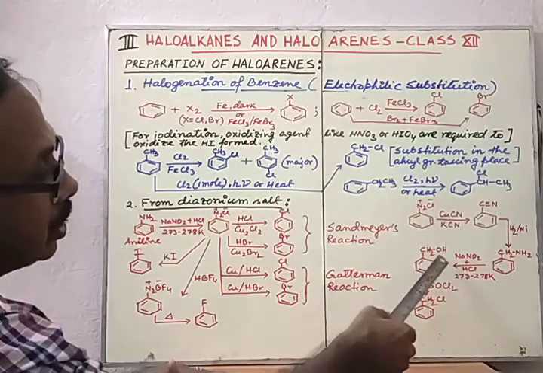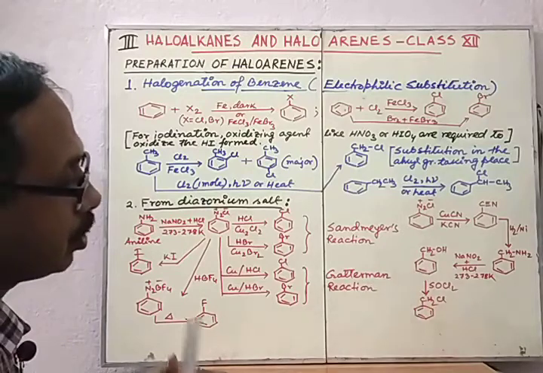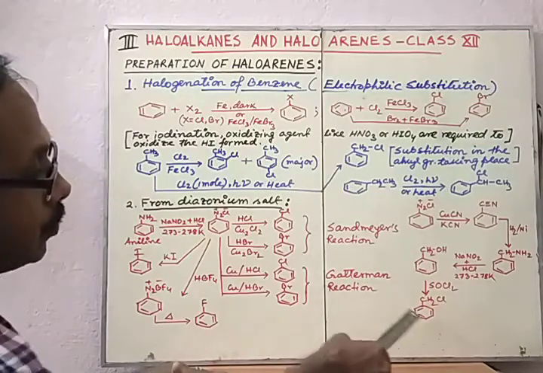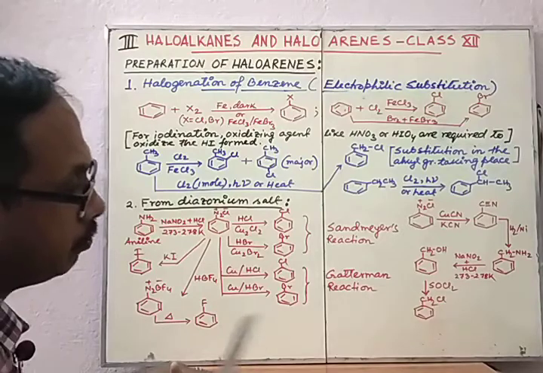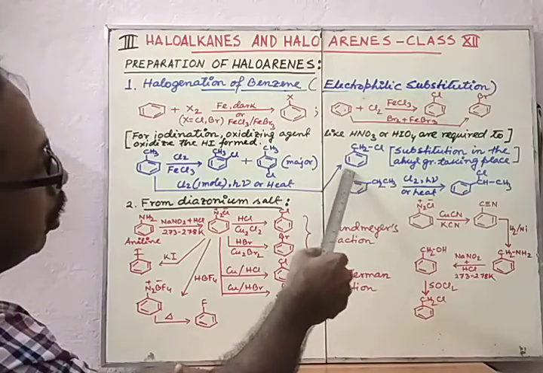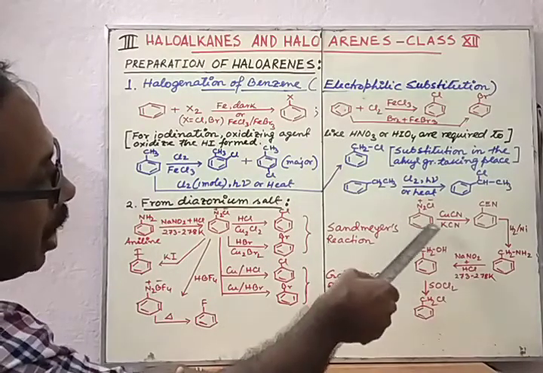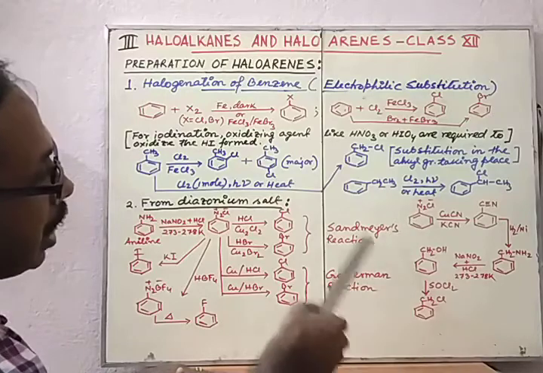So now this alcoholic group is not in the ring, it is at the side chain. That's why when substitution is carried out, it gives rise to the substituted aliphatic compound like this one. You can follow that we came from toluene to here, and here we came from diazonium salt to benzyl chloride.